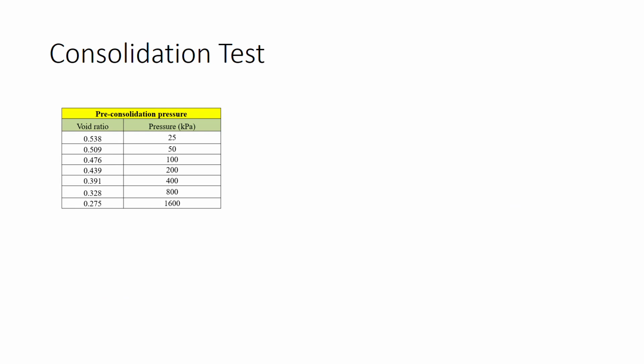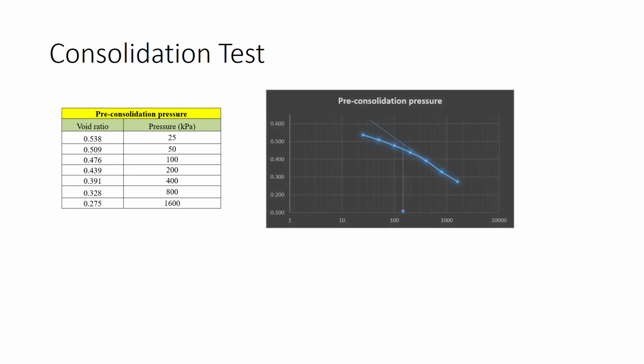Another factor we can find out by this test is the pre-consolidation pressure. It is basically the load sustained by the sample in the past, which can be found out by drawing only the loading stages, void ratio and pressure.